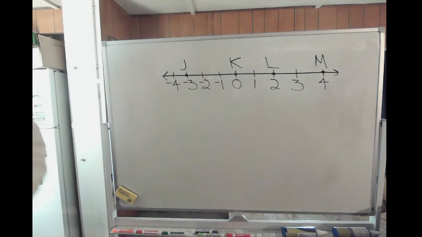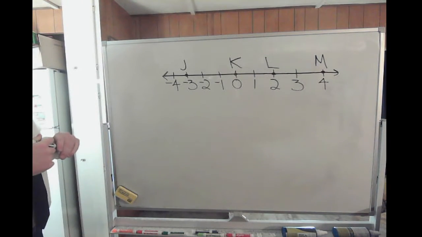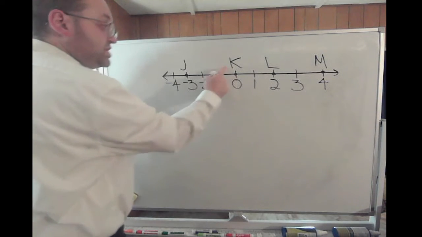So, let's say here we have a line, right? We do got a line, but on this line there are segments, are there not?